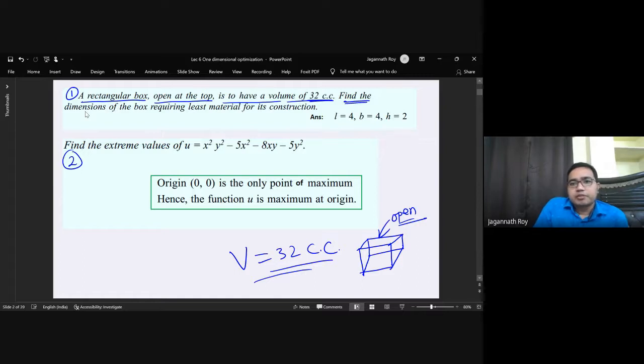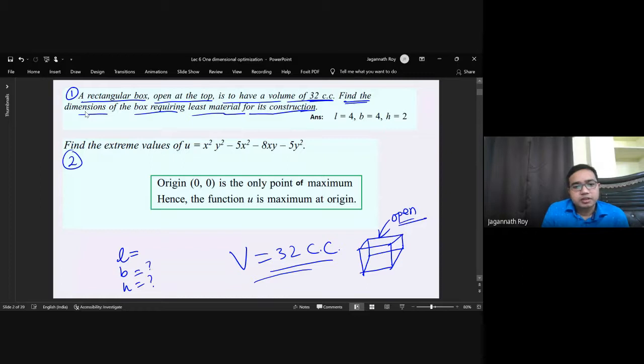So you have to find the dimensions of the box requiring least material for its construction. So that means here what we are going to optimize is the material. We should not waste our resource. So for that case we have to design length, breadth and height.